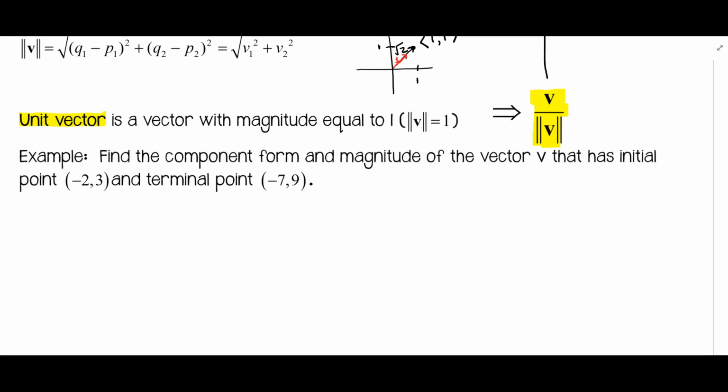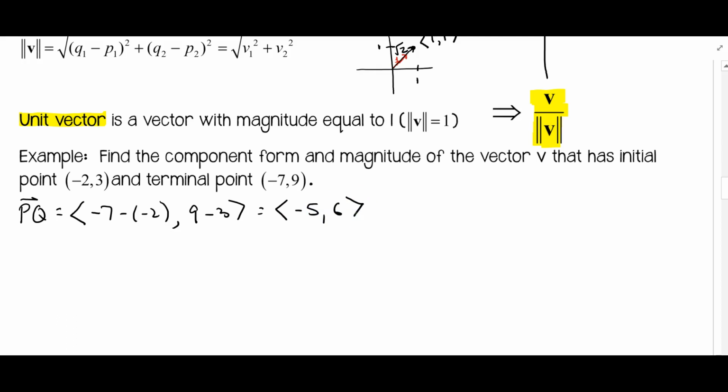We'll call the initial point P and the terminal point Q. So PQ, we're going to do terminal minus initial, so -7 minus -2, comma, terminal 9 minus initial 3. So that's going to give us -5, 6.